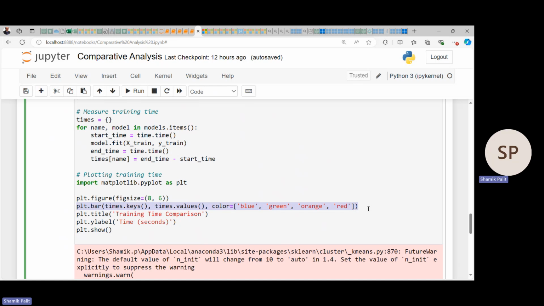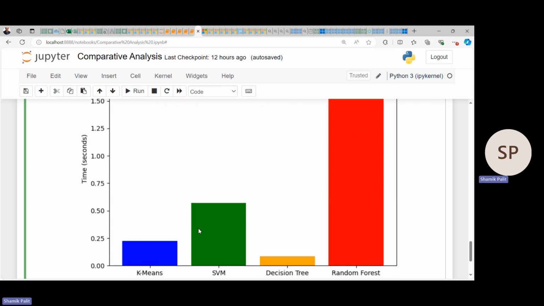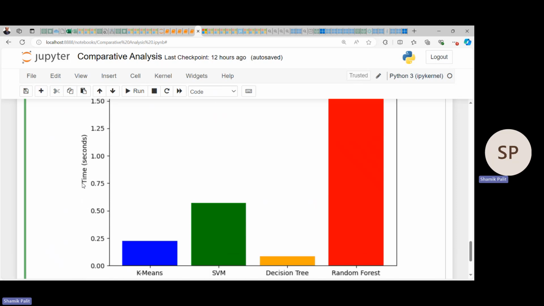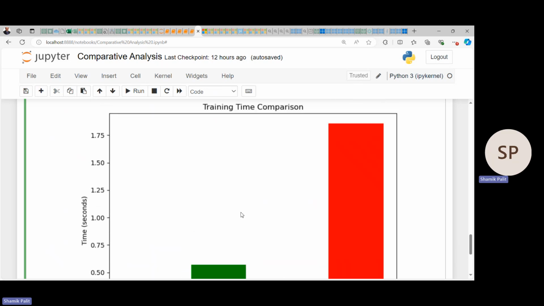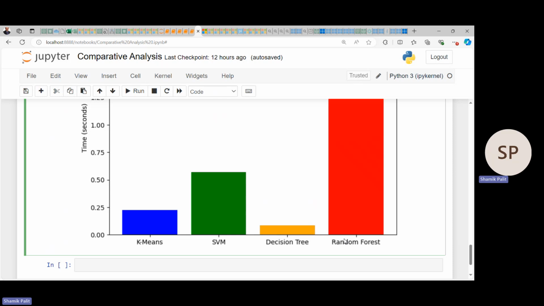As you can see, we have given different colors for different algorithms, and our main purpose is to get the training time comparison. Look at the outcome which we have received so far for k-means, SVM, decision tree, and random forest. Here we have plotted time in seconds, and we can see what exactly is the time taken for training a specific model related to k-means, SVM, decision tree, and random forest.